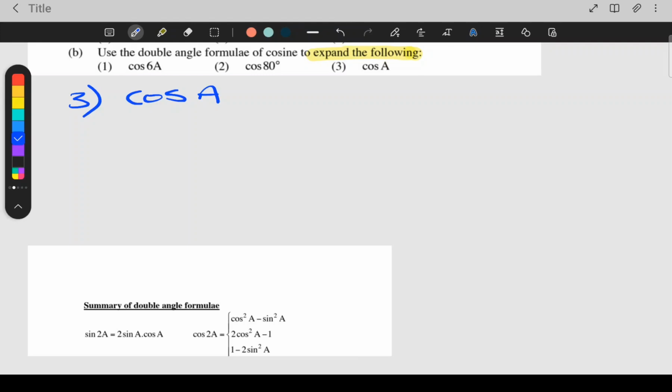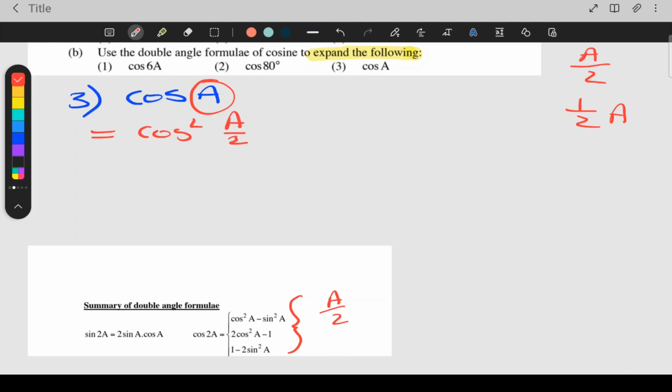For number 3, we have to expand using double angles. But here we have cos A. So let's circle, do a side note. A over 2, or a half A, it depends on what you like. Wherever there's an A, we're going to write A over 2. For the first option, it's cos squared A over 2, you can put it in brackets like that, minus sine squared A over 2.